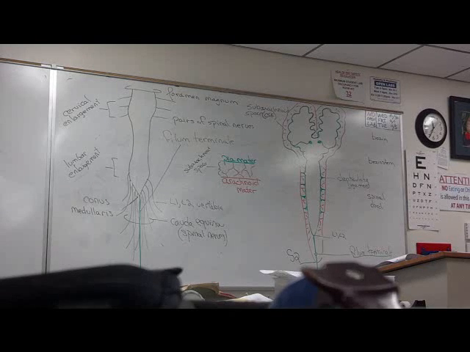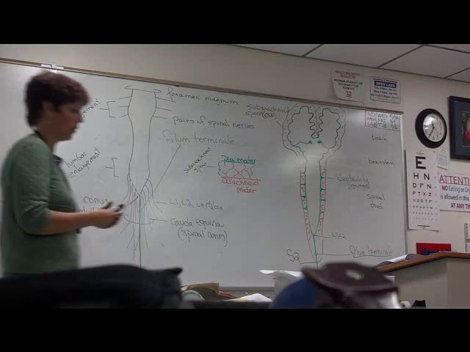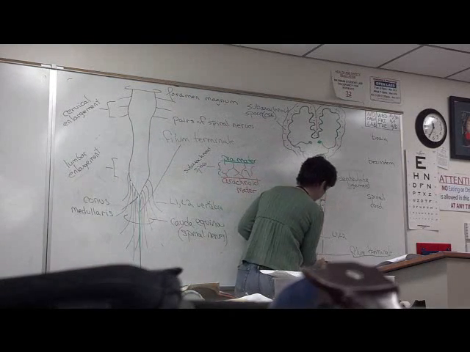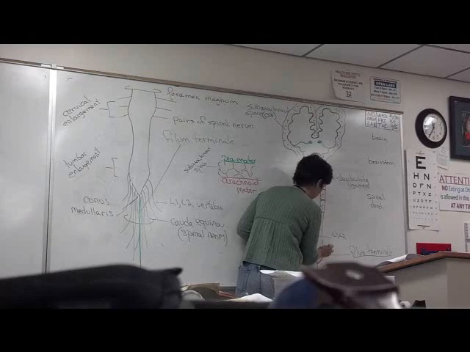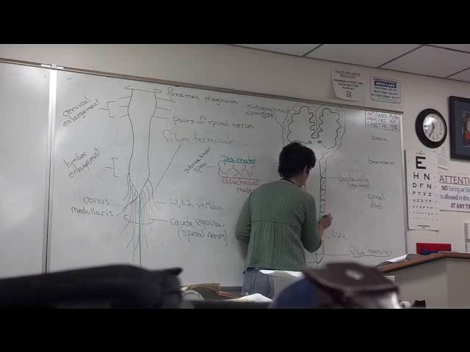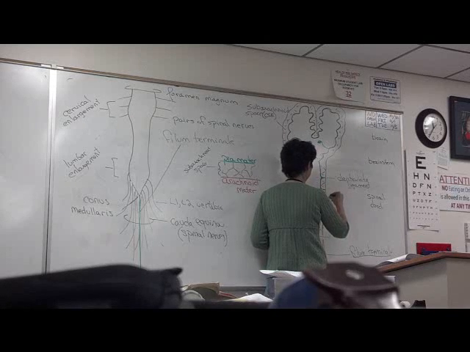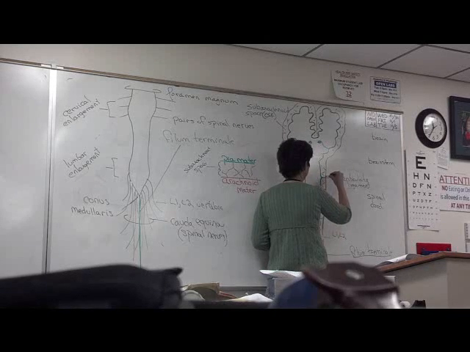The outermost layer is called dura mater, or the tough mater. So remember when we talked about synovial joints, we had the synovial membrane, which is very delicate, and then around that we had the synovial capsule, fibrous capsule. So this is like adding a fibrous capsule to the dura mater. And in fact, the arachnoid mater and dura mater are attached to each other.